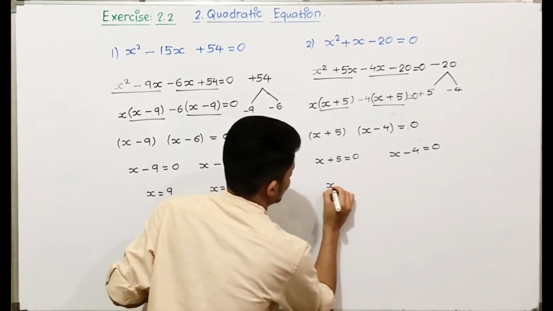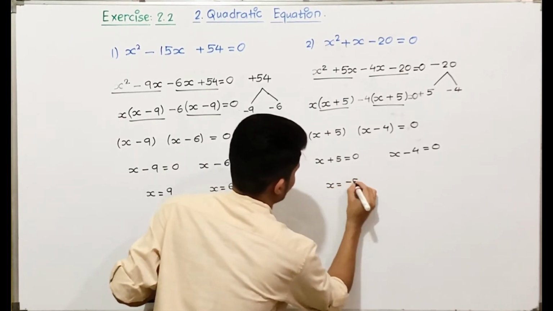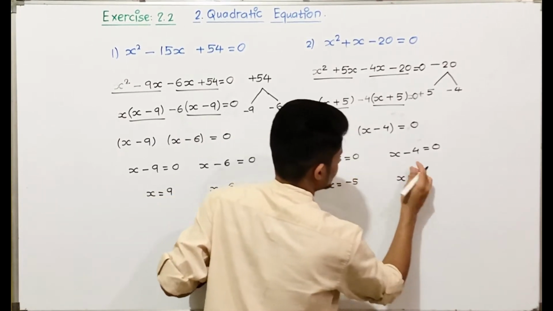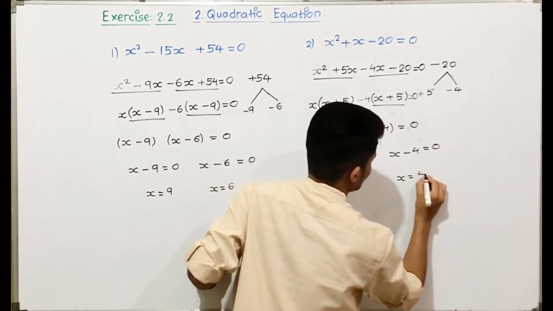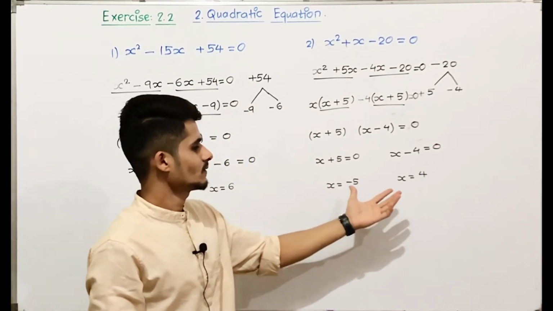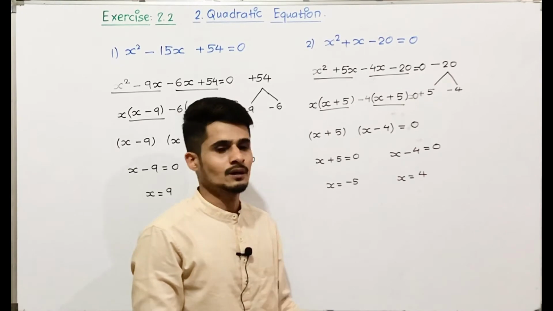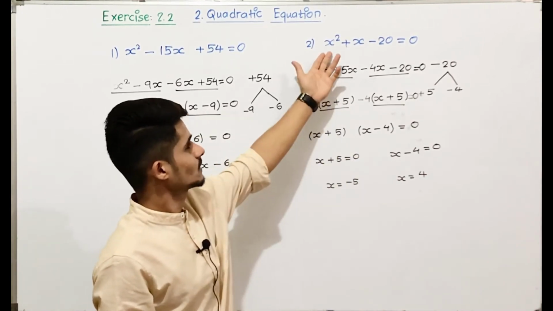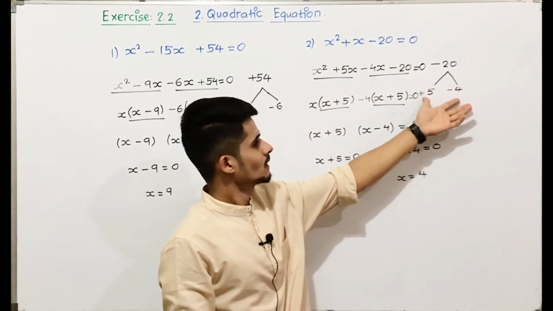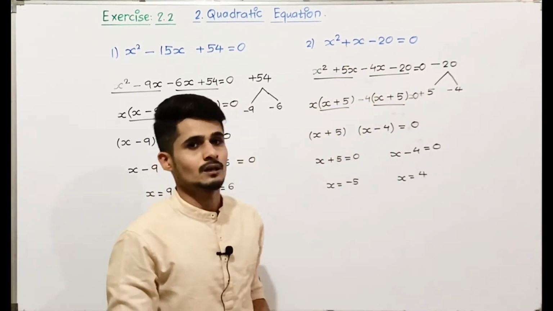So the value of x will be minus 5, plus 5 goes there as minus 5, and the value of x will be minus 4 goes there as plus 4. x is equal to minus 5 and x is equal to 4 is the solution for this quadratic equation. So we just have to split the number which satisfies the condition.